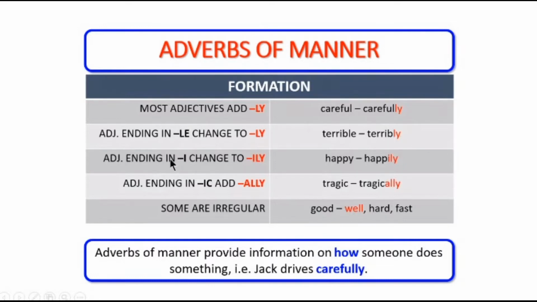Adjectives ending in y change to ily: happy, happily. Adjectives that end in ic, you add ally: tragic, tragically. Some are irregular, for example good, well. And also hard, hard, and fast, fast. Okay?